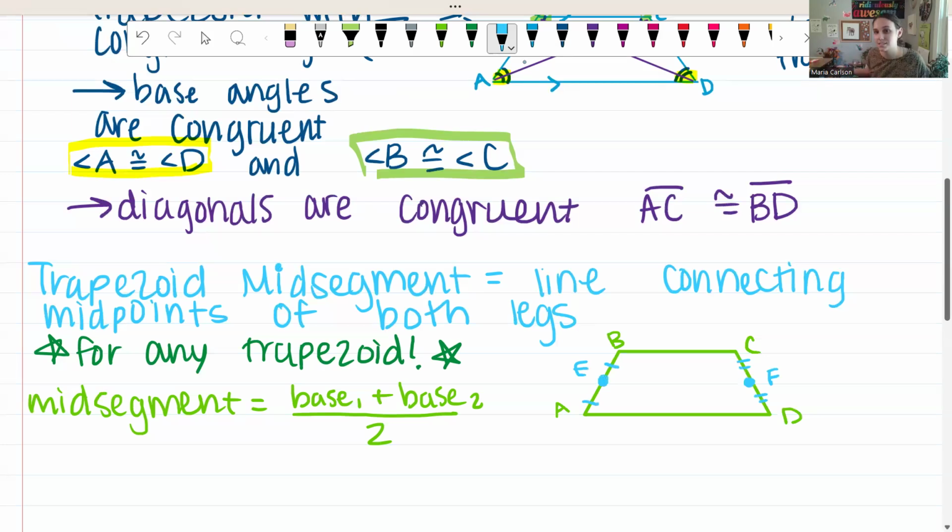And if this is an isosceles trapezoid, then we know that those halves are all the same, but I don't necessarily know that in this trapezoid. So then the mid-segment would be this line segment EF. And the mid-segment, please note, is parallel to both bases.